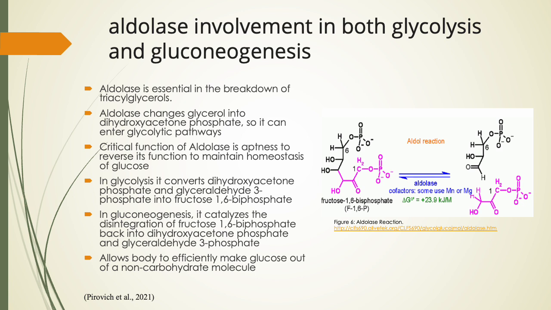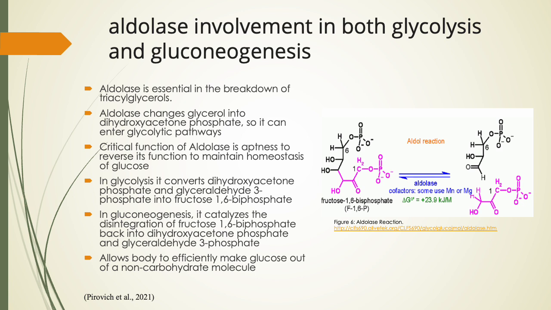A critical function of aldolase is its aptness to reverse the function to maintain the homeostasis of glucose in the body. During glycolysis, it converts dihydroxyacetone phosphate and glyceraldehyde 3-phosphate into fructose 1,6-biphosphate.